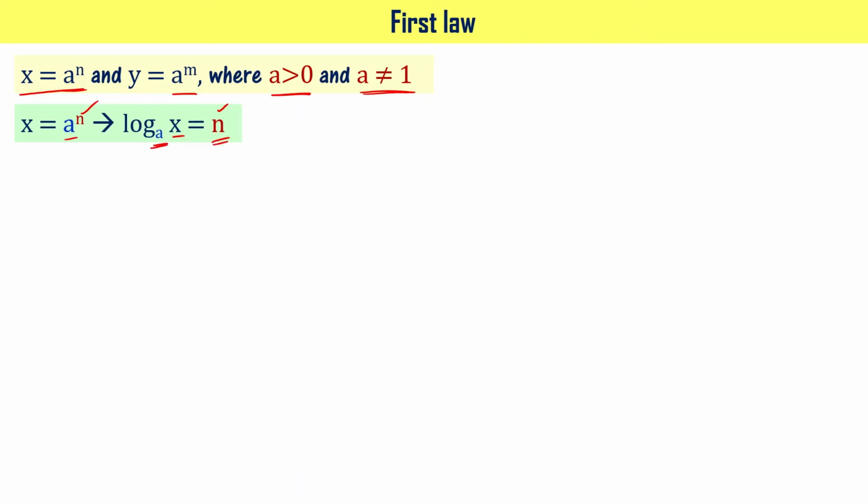Similarly, we can write y equal to a power m also in the logarithmic form, right? That can now be written as log of y to the base a equal to m, right? Let me multiply x and y. X and y can be written as a power n times a power m, right?